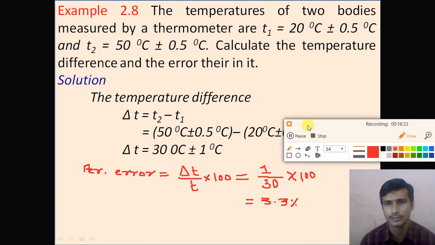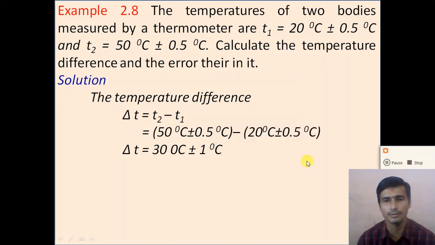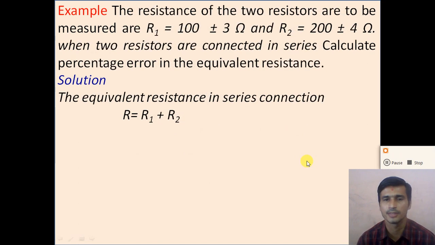So next, dear student, try to solve a similar example given in this statement. The resistances of two resistors to be measured are R1 equal to 100 ohm plus minus 3 ohm and R2 equal to 200 ohm plus minus 4 ohm.